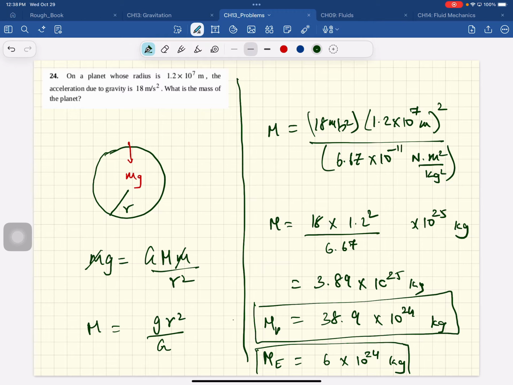Yeah, so the mass of Earth is 6 times 10 to the 24 kgs. So you can see that this planet is about 6.5 times Earth masses.